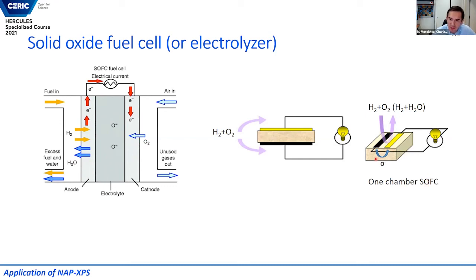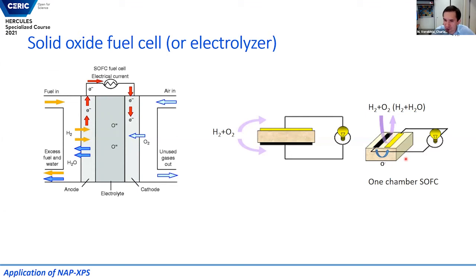In our case, when you build such a planar one-chamber SOFC, you can study the chemical reactions on the surface of each electrode and on the surface of the electrolyte, simply by approaching the nozzle to the electrodes and applying different potentials.